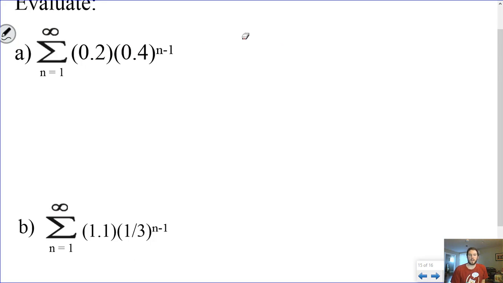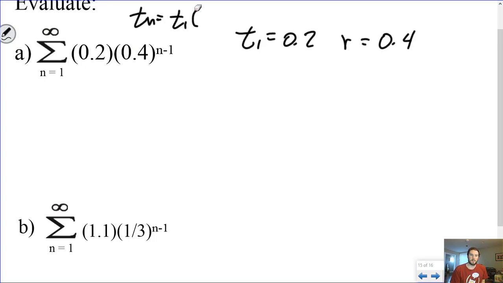What that means is that we know our term 1 is 0.2, and we know our r is 0.4. We know these values because we should be somewhat familiar with our general term, Tn equals term 1 times r to the n minus 1.